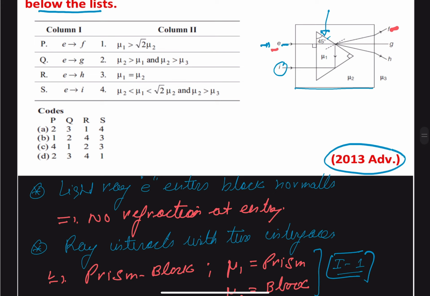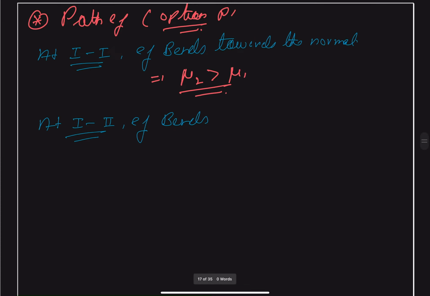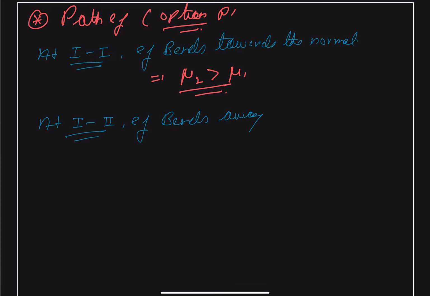Okay, so if this is a normal at EF, at the block and air interface, that is interface 2, EF bends away from the normal. So therefore we can write that our mu3 is less than mu2.